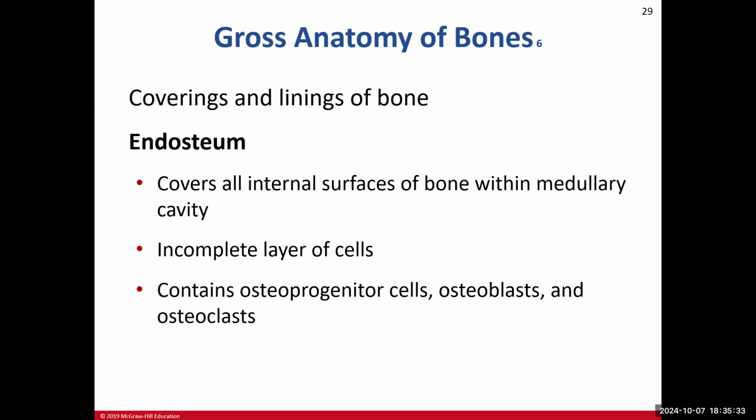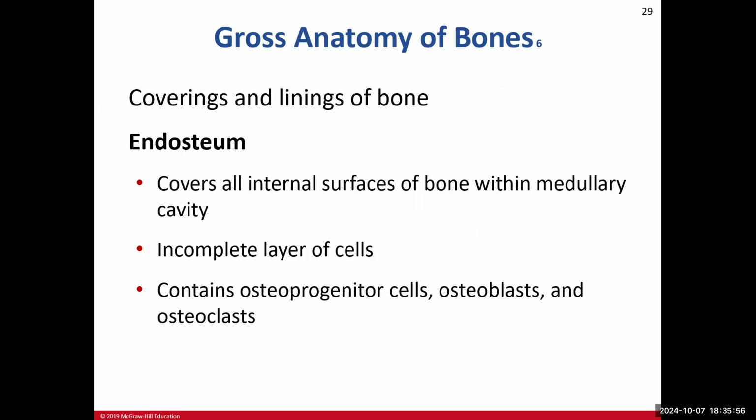All right, so the periosteum's on the outside of the bone. Well, guess what? We got another covering that's going to be on the inside of the bone, and that's called the endosteum. So the endosteum is going to literally cover everything, all the nooks and crannies on the inside of the medullary cavity.